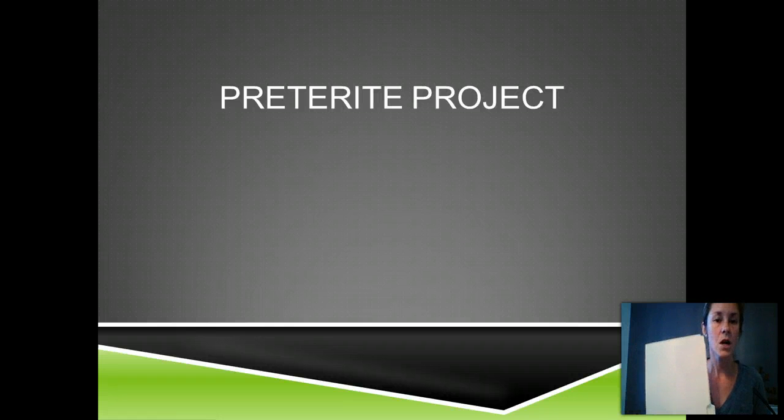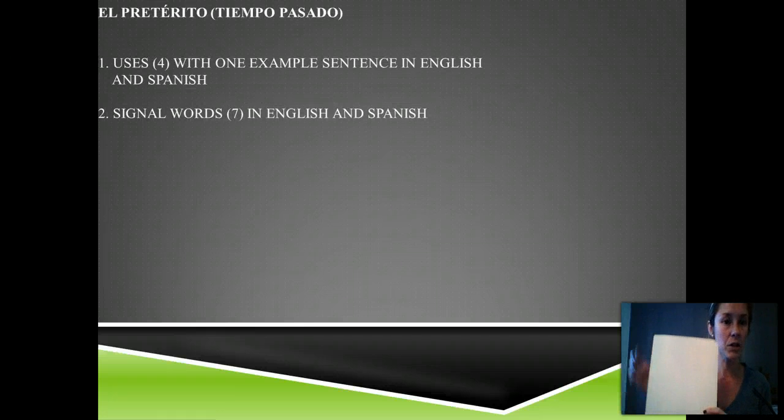Okay, so this is the front side of your folder, so you'll open it up and there's the inside. This is the front side. This is the information you're going to put on the front. So on the front, you're going to label it El Pretérito, Tiempo Pasado. And you're going to write number 1, and I'd like you to write uses.